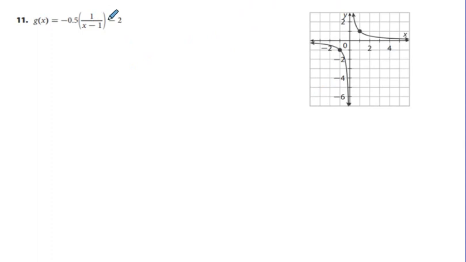Okay, here number 11 is the last one we're going to do in this exercise set. I'm going to take that decimal again, as I've done before, and turn that into a fractional form. So I'll make that -1/2 times this 1 over x minus 1 minus 2.